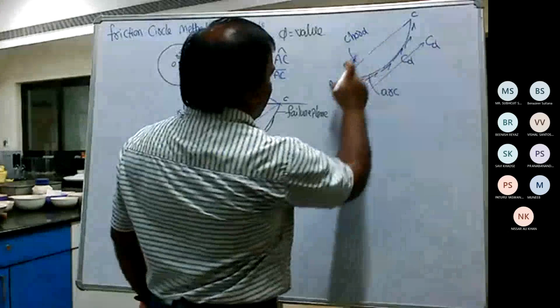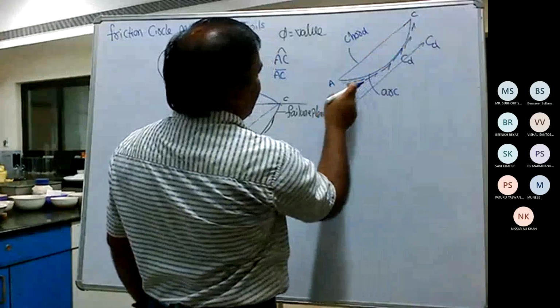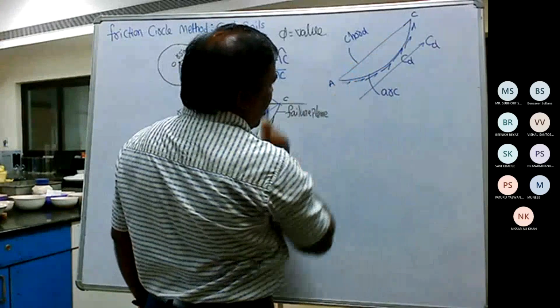Suppose I take the free body diagram of AC in the form of a chord and in the form of an arc.